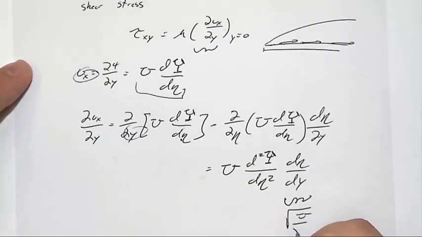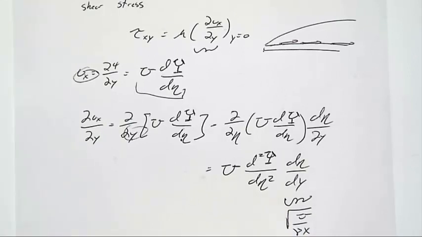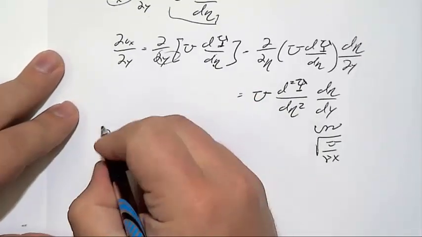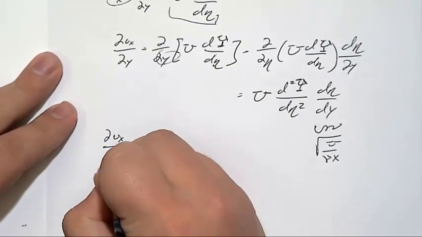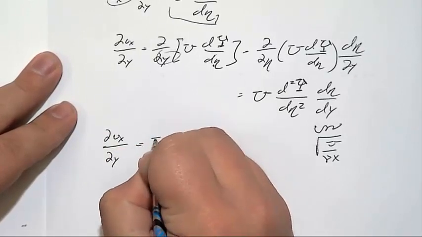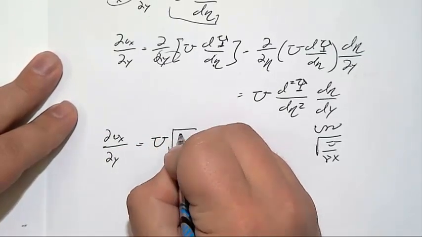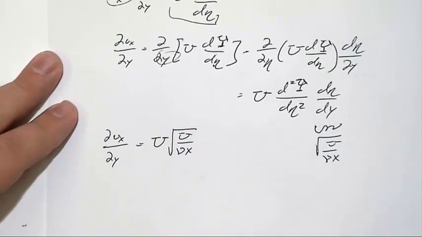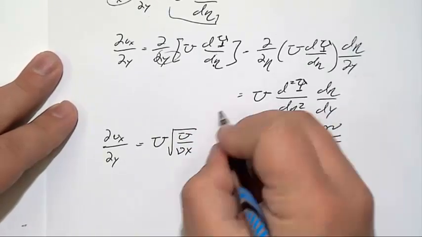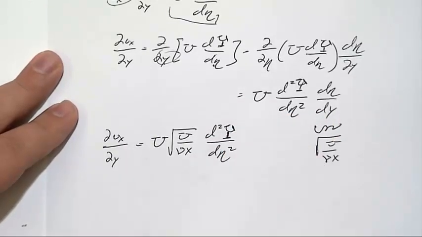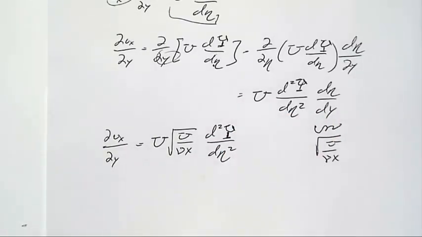And so this is just equal to the square root of U over kinematic viscosity times distance. So therefore, our partial of u of x with respect to y is going to equal U times the square root of U over kinematic viscosity times distance, times the second derivative of the modified stream function with respect to nu.